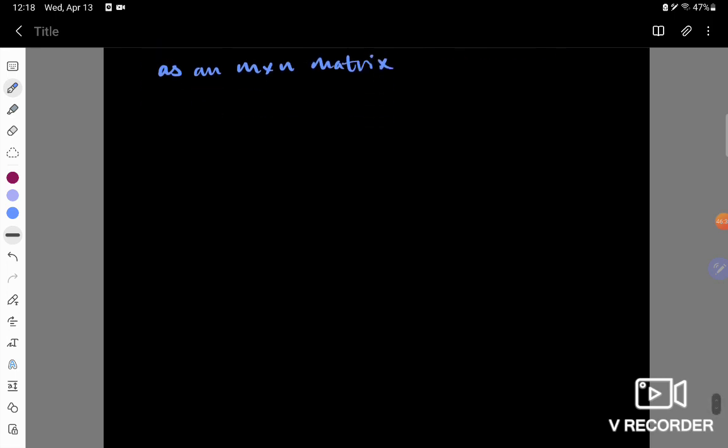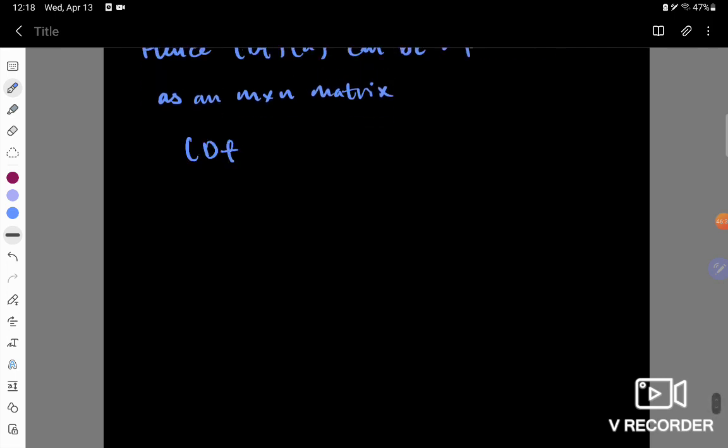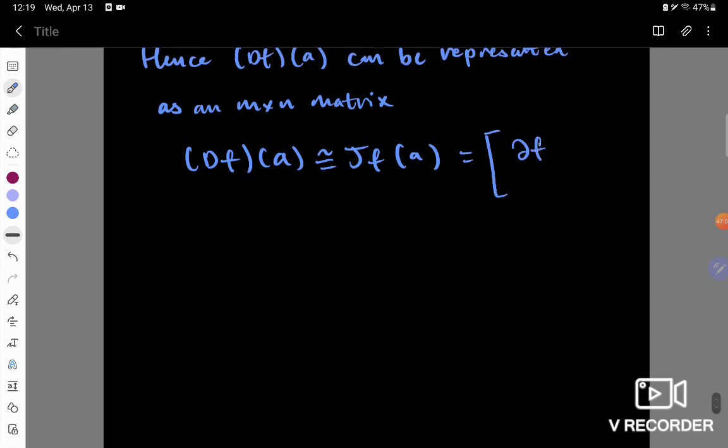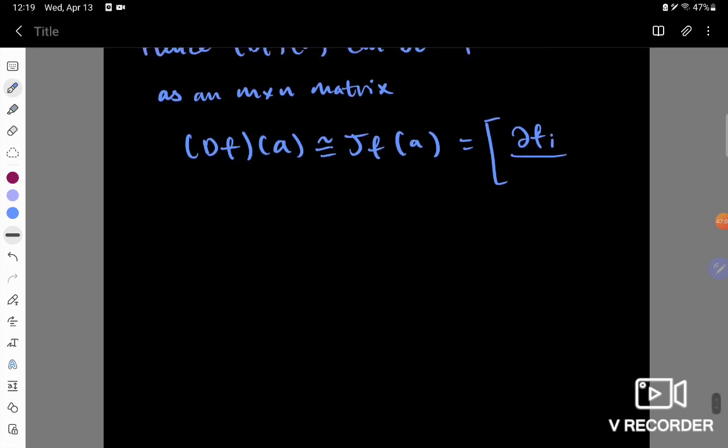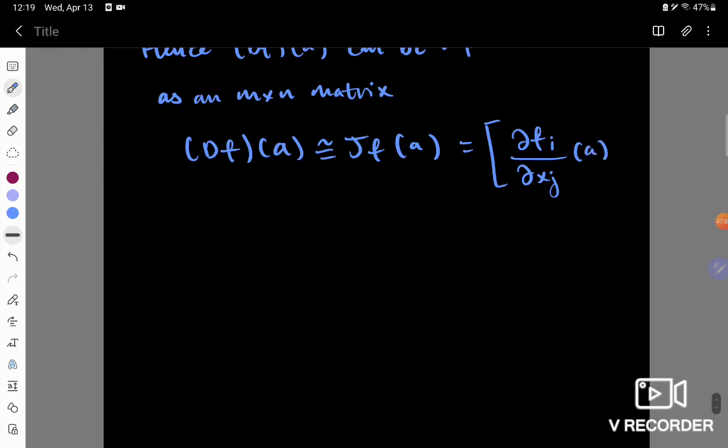And we have this relation here now, where we've taken this differentiation operator at the point a of f, and we set this equal to J_f at a, which is the m by n matrix of the partial derivatives of f_i with respect to x_j at a.